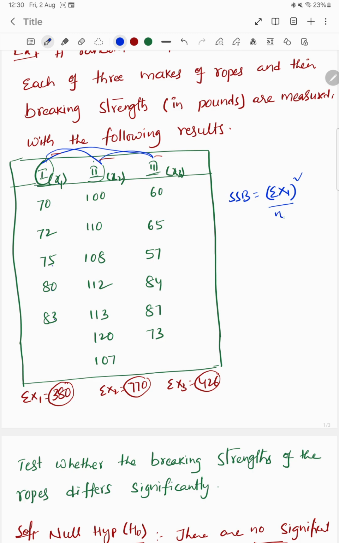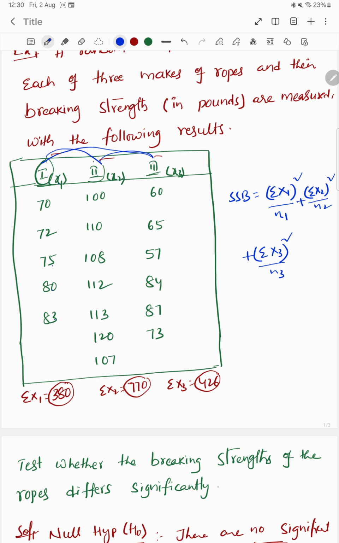This is represented by n1, plus the second sample, summation of x2 whole square divided by n2, plus the third sample, summation of x3 whole square by n3.